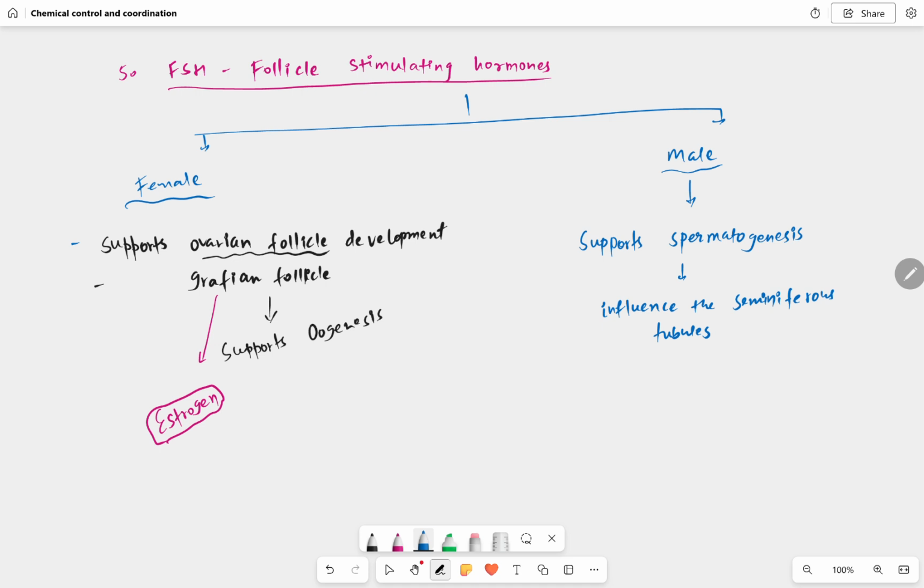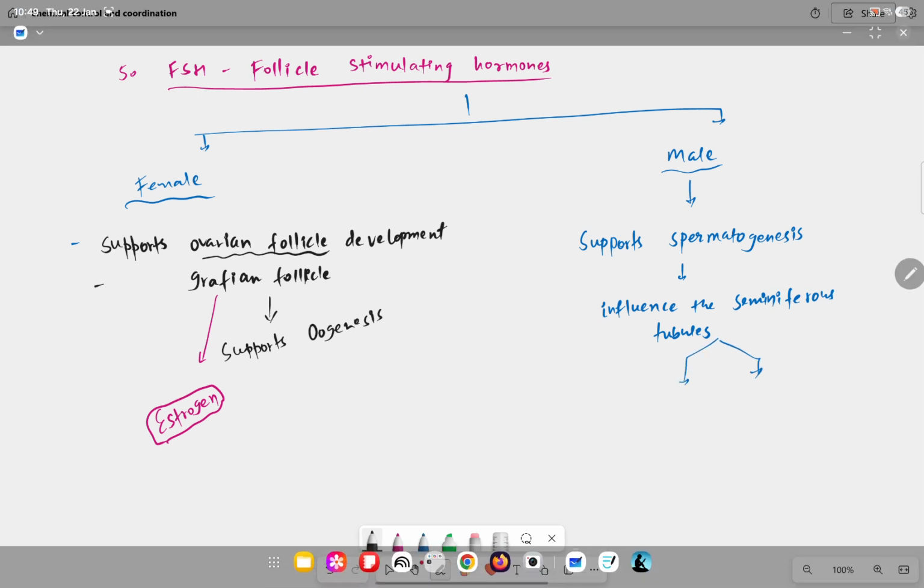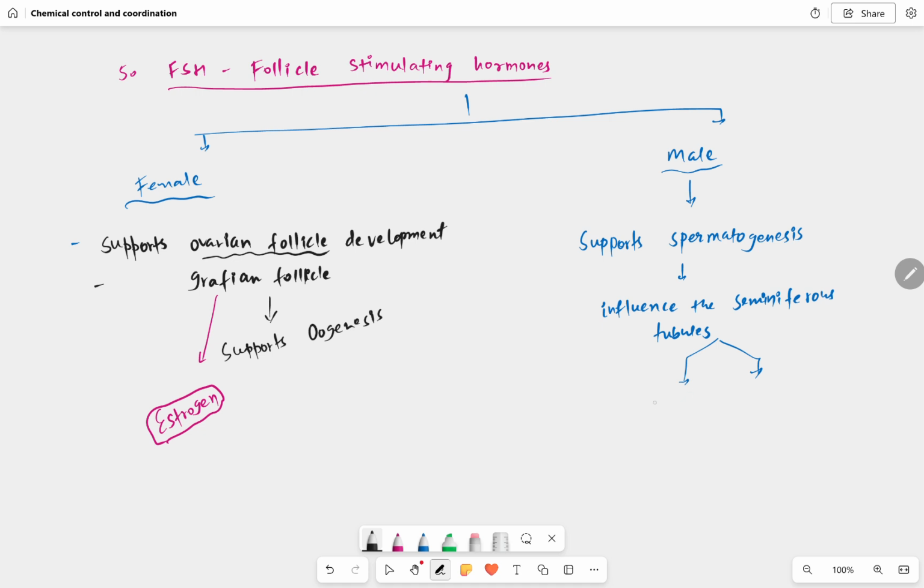And these seminiferous tubules can now show the spermatogenesis process, which leads to the production of spermatozoa, and can also support nutrition to this spermatozoa. So this is overall about the FSH.